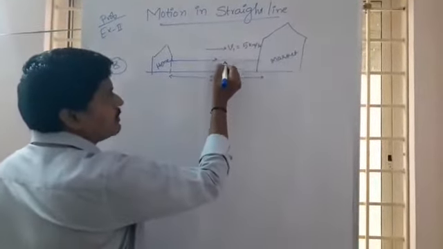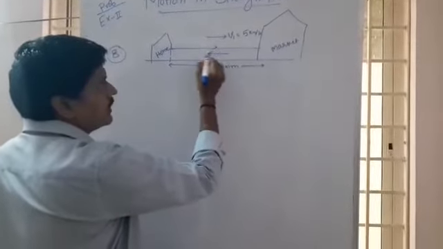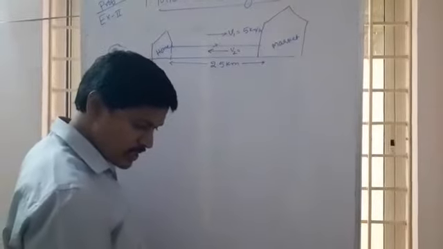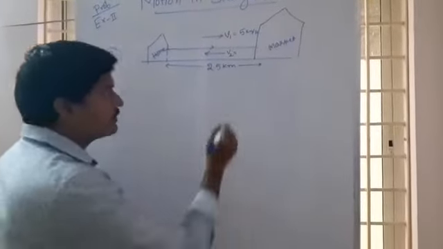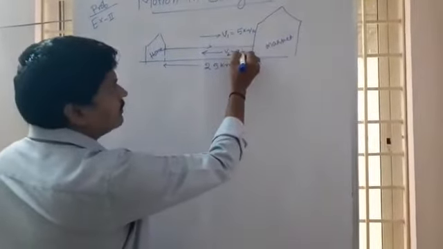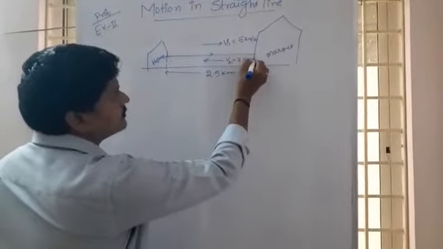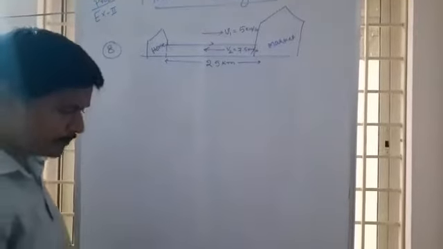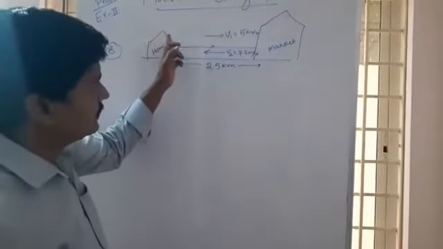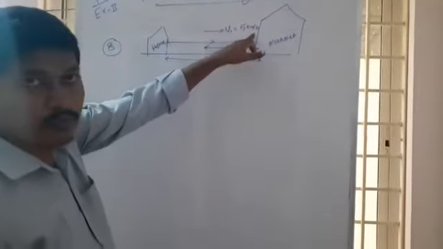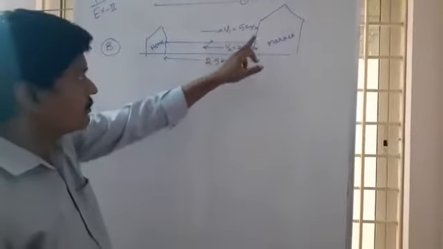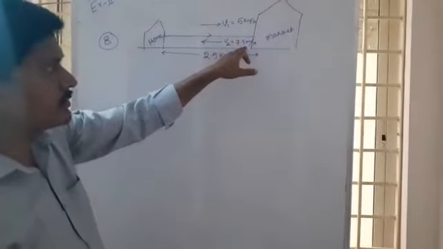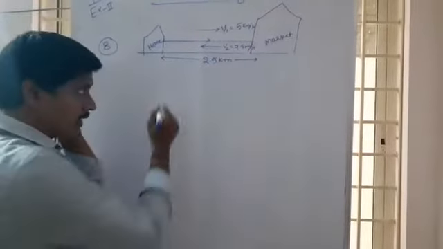Next he returned back, as the market is closed, with the speed 7.5 kilometer per hour. So he goes to the market with 5 kilometer per hour, the market is closed and he returns back with velocity 7.5 kilometer per hour. Find the average speed.